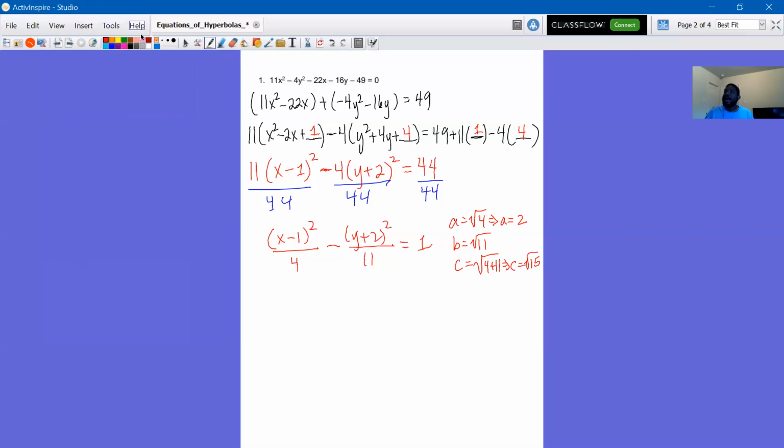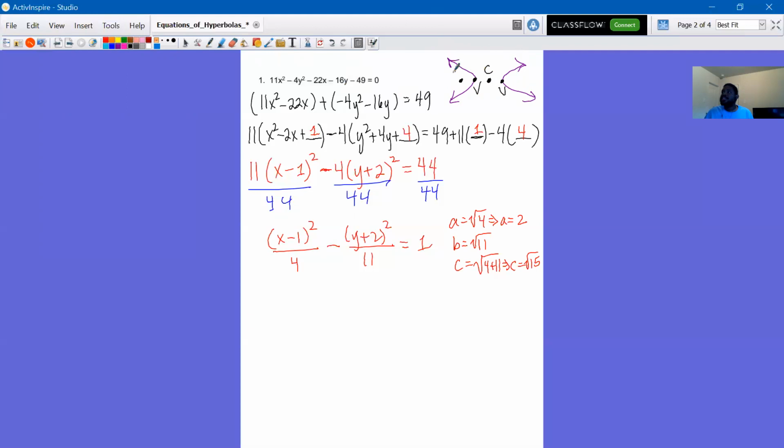Now we need to talk about how our hyperbola opens. If you notice that the square term that's positive is x, that means our hyperbola opens left and right. So here is our center, vertices are here and here.